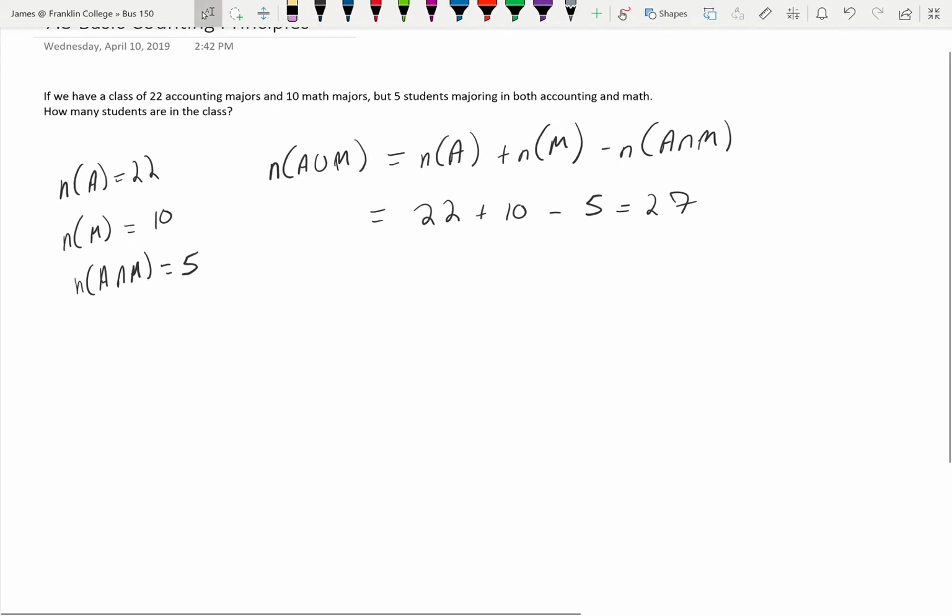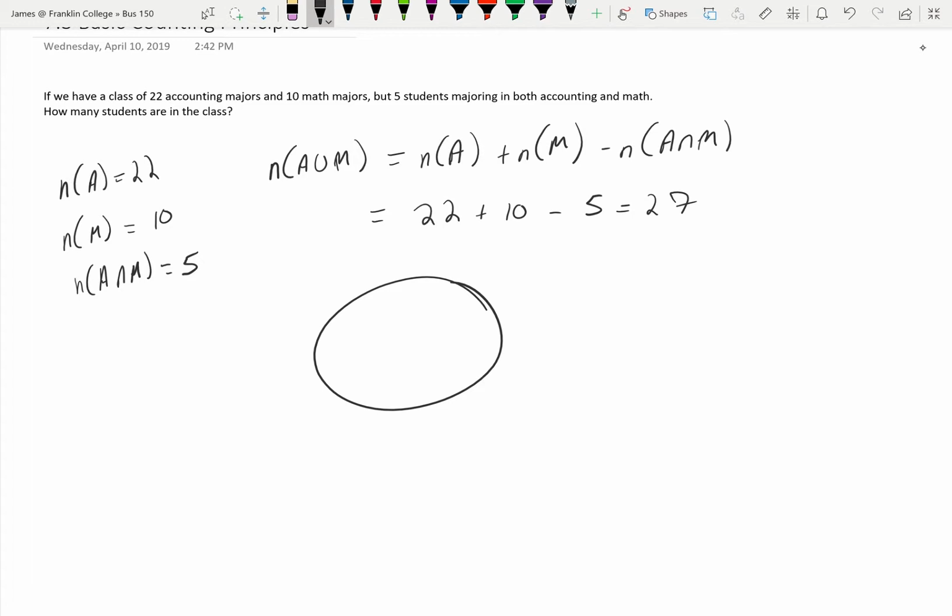Alright, so let's think about this a little bit more picturally maybe. So if we have all the accounting students represented here with 22 students in this entire circle, and we also have 10 students in this entire circle, and we know that we have 5 who are in the intersection of the two, and we want to figure out how many we have total.